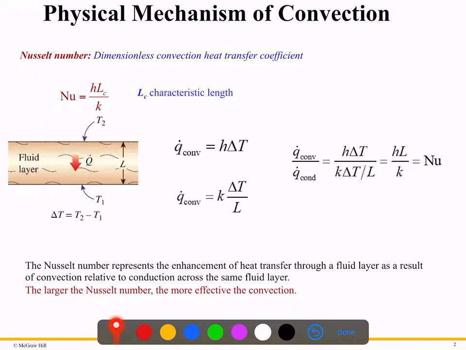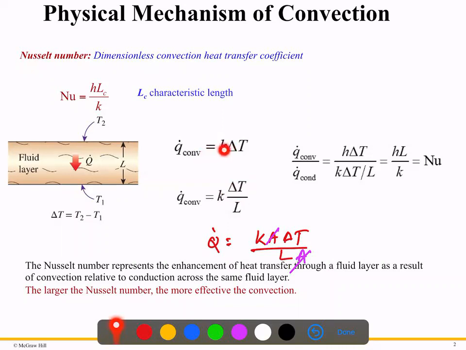So we know the formula for conduction and convection. When we are talking about the heat flux, that means you need to divide by area. So if the conduction is k A delta T over L, and you divide by A, you can cancel out the A. So it will be like this: the thermal conductivity, temperature difference, and thickness.